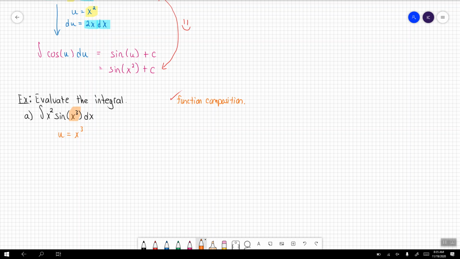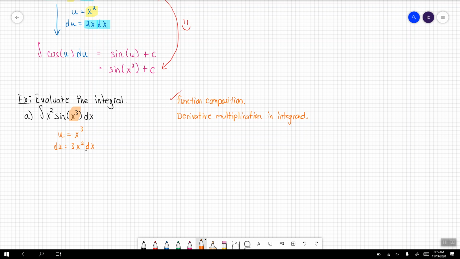I'm going to write derivative multiplication in integrand. Okay, so let's try to find that. In order to verify this, we're going to take the differential for du. So du is equal to 3x squared dx.